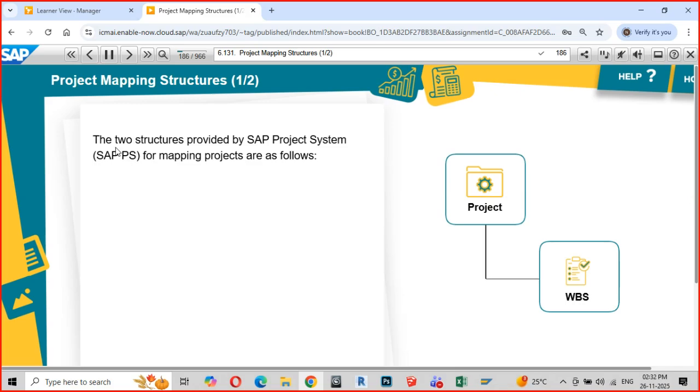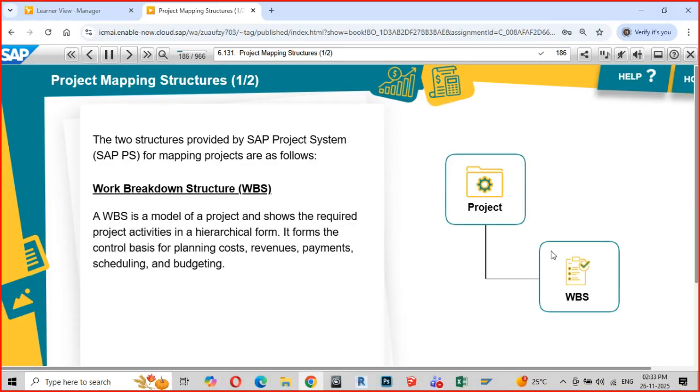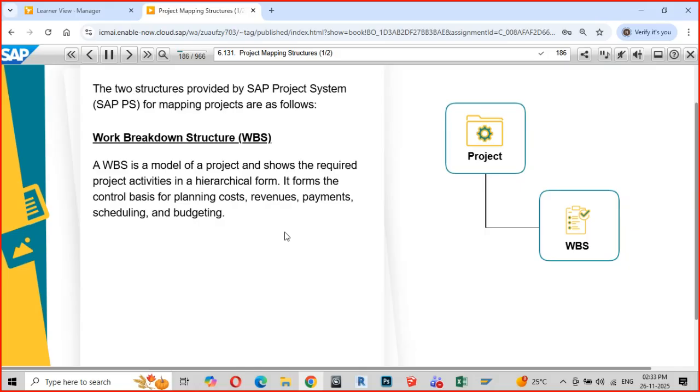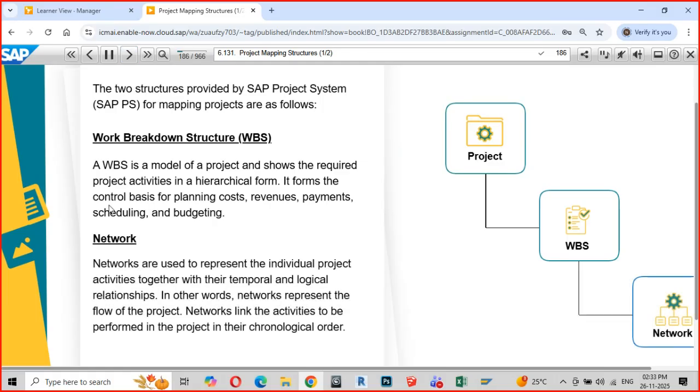So project systems. This is totally a different module altogether. As I said, your WBS is your work breakdown structure, and probably you could come across network concepts like network and all other things also, because I remember having done it. See, network.